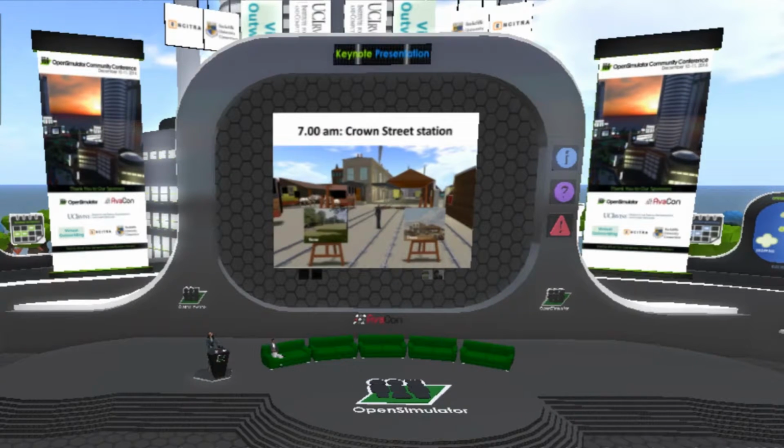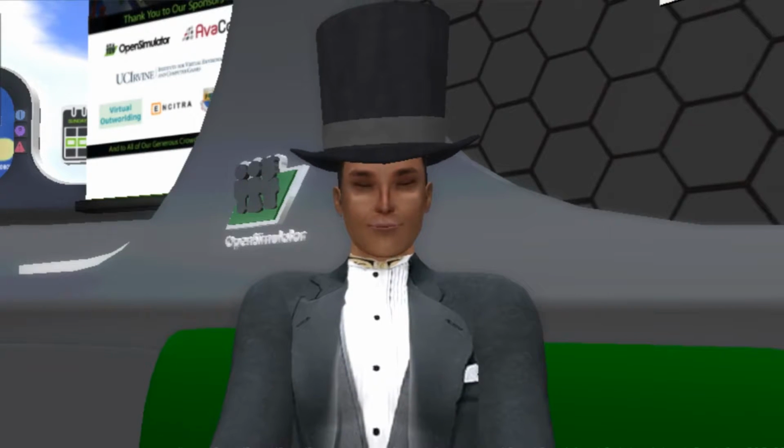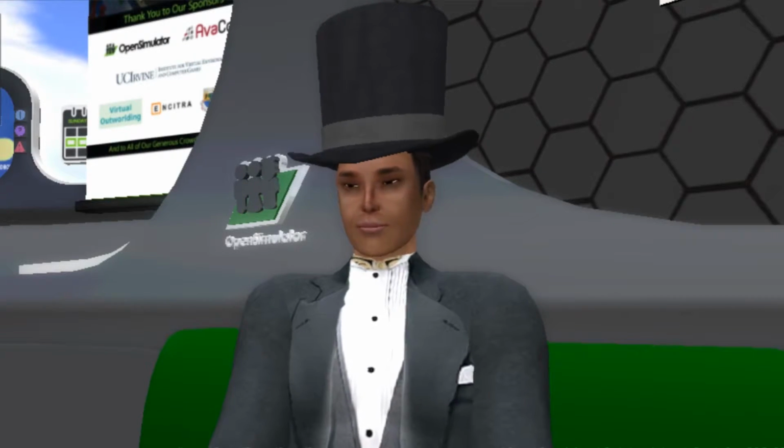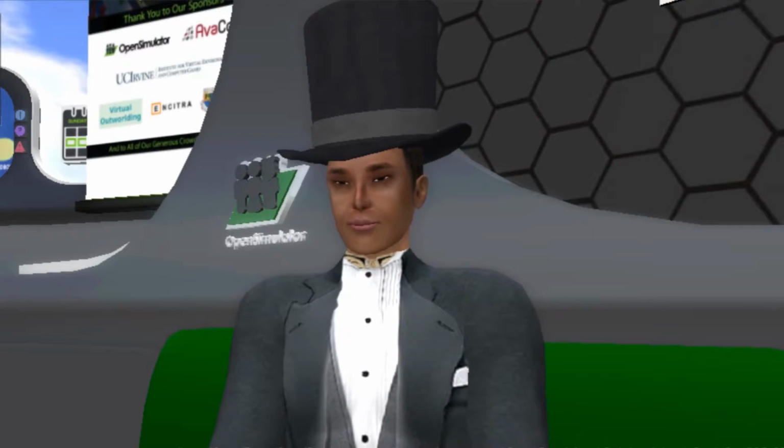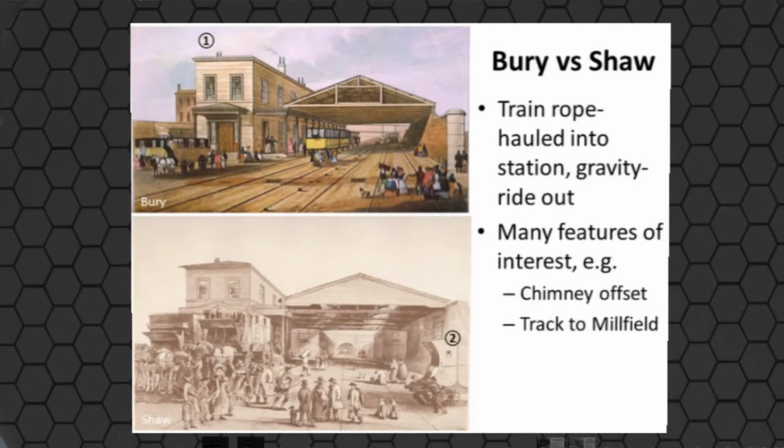Now, what you will see is that there are no locomotives there, and indeed these are the images from which the build was derived. There were in fact two, taken from largely the same perspective. At the far end you can see the tunnel that I was talking about, and in fact the trains left the station under gravity.